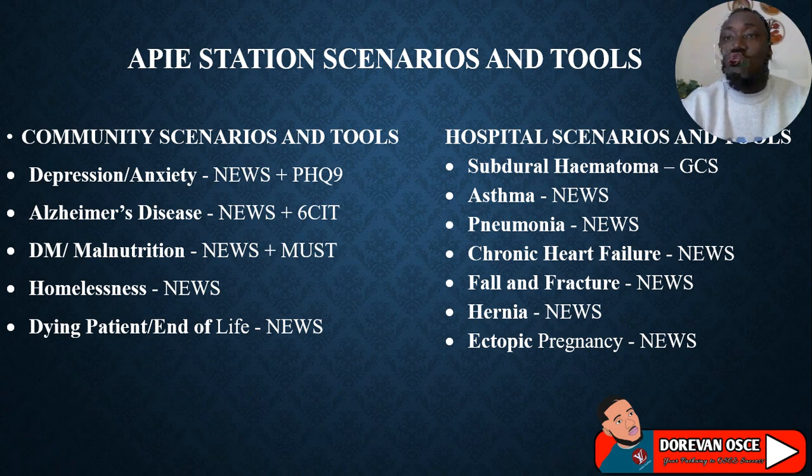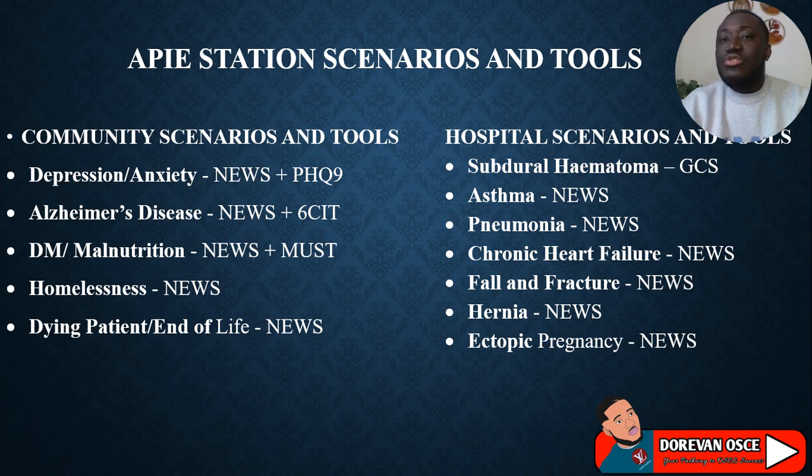You may also get a homeless patient. With that one, you only complete the NEWS chart. And then a dying patient or patient on end of life, you complete only the NEWS chart and the other relevant aspects of patient care. When you get a hospital scenario, these are some of the tools that you are likely to use.